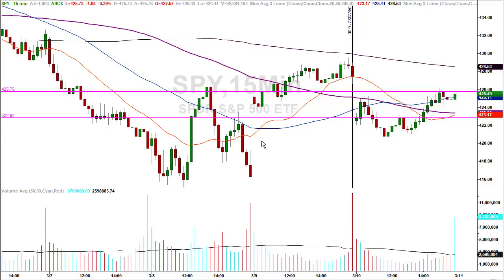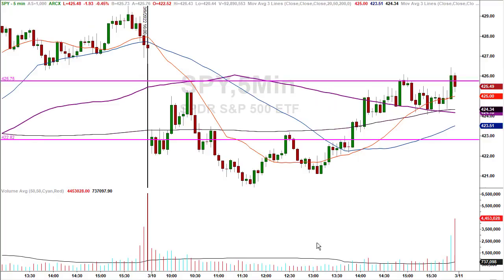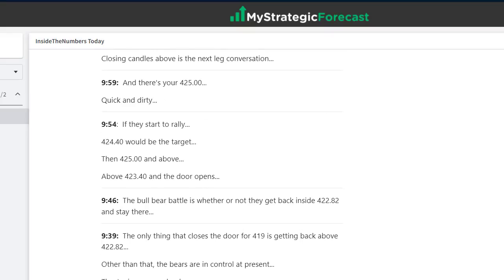So then you can see I've moved the line down, the importance of how that number works, and you can see it a little better magnified on a 5-minute chart. You can see where they fight that number. It is a pivot low. It's important. I know it's important. Other market participants know it's important. Therefore, it's important. And remember from the notes, once they get above and stay above, it closes the door for that 419 and lower stuff. 422.82 was important. All right, let's see what else we have.